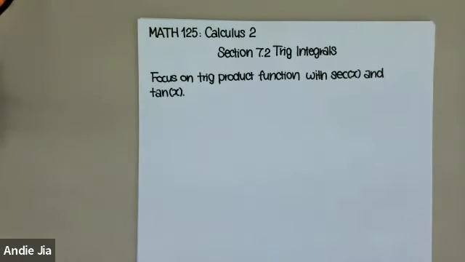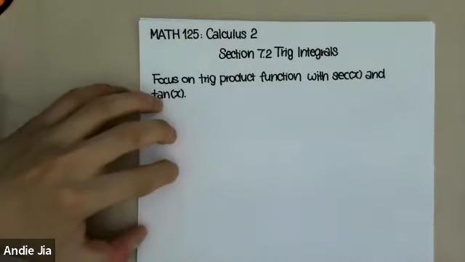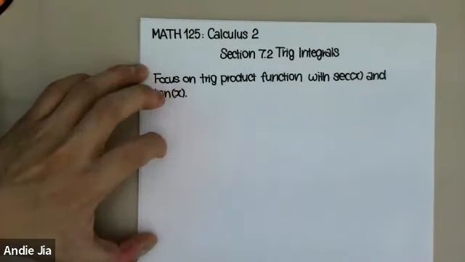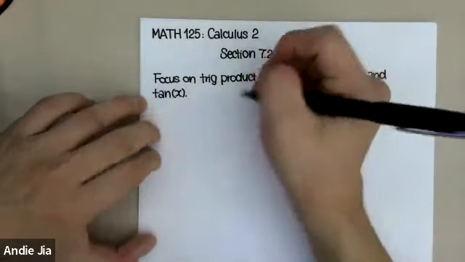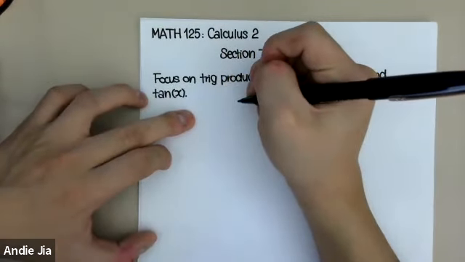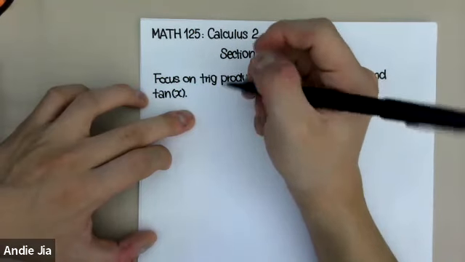Before I get started, I want to introduce some trig identities that you might need for this part of the course, just like tangent squared plus 1 is secant squared.